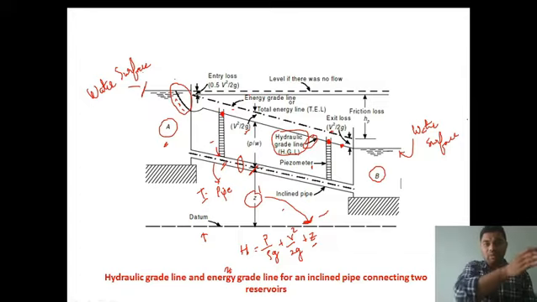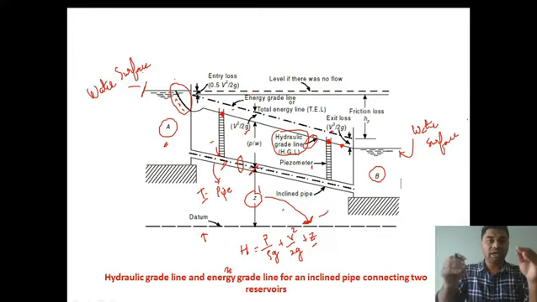As you know, when the water is flowing from point A to point B, there is a constant pressure drop. Due to that, there is an abrupt change in the hydraulic grade line.